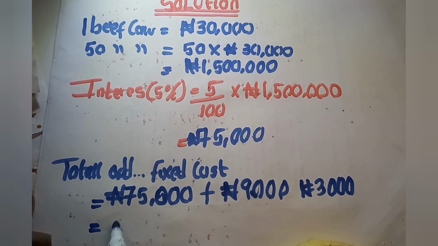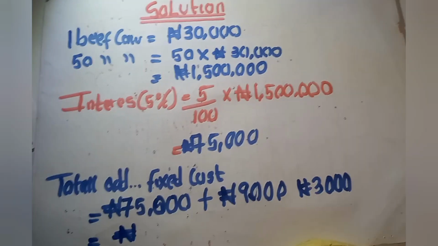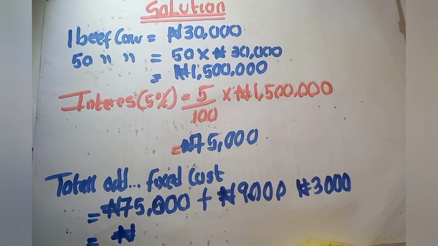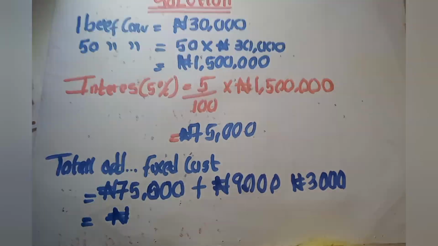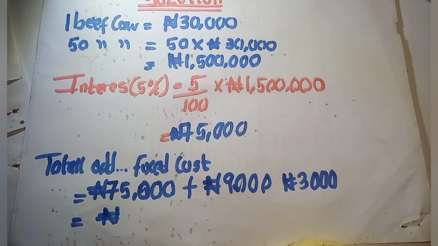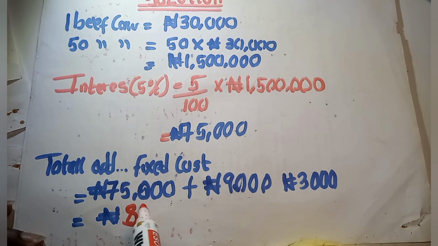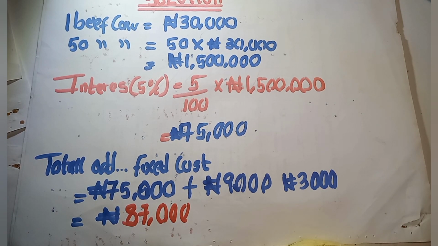If you sum all these three together, that will give me the total additional fixed cost, which is 87,000 naira.